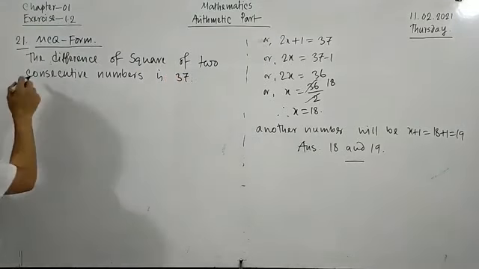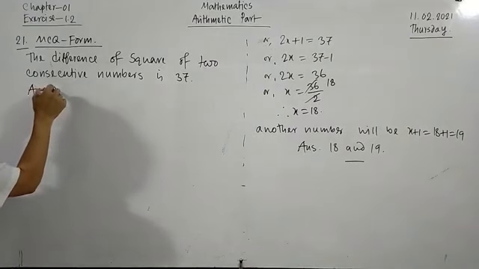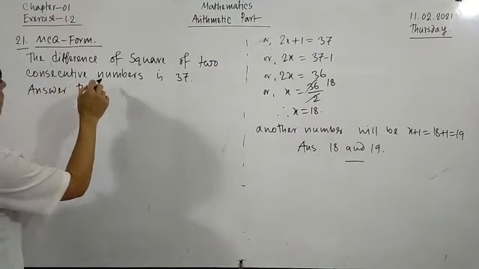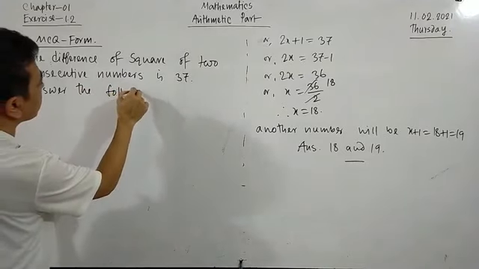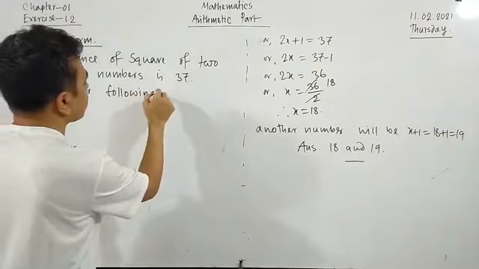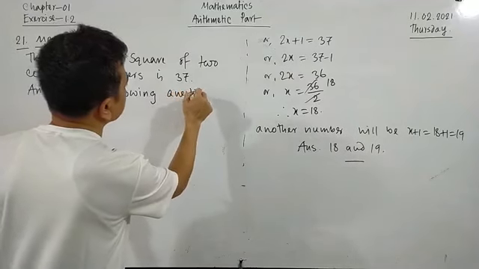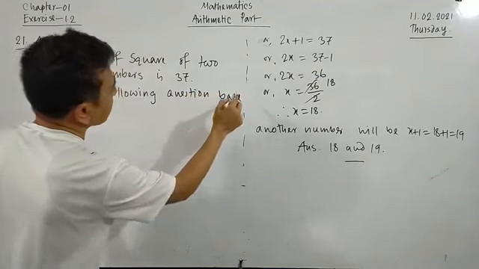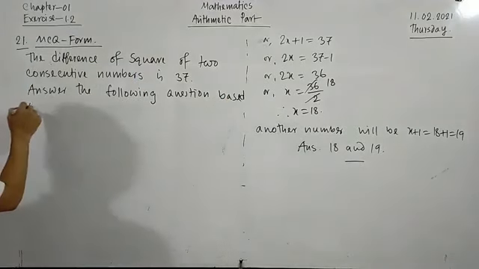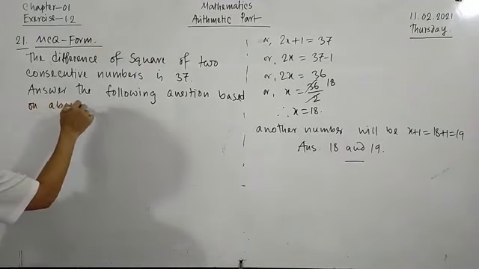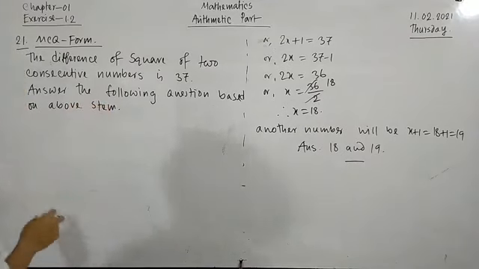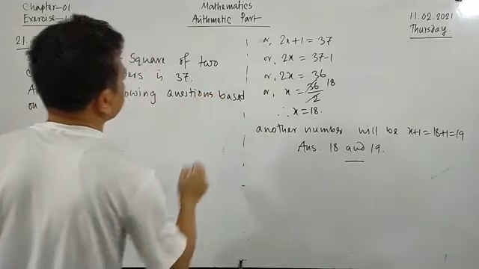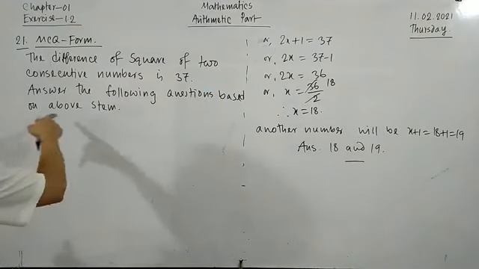Answer the following questions based on the above stem. The difference of squares of two consecutive numbers is 37. You can write following questions based on the above stem.